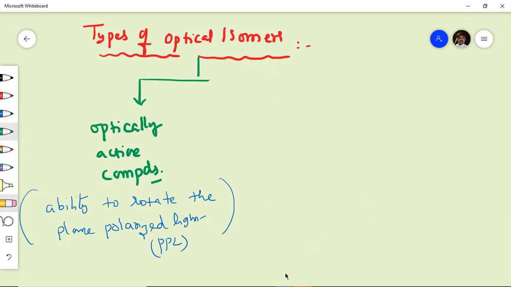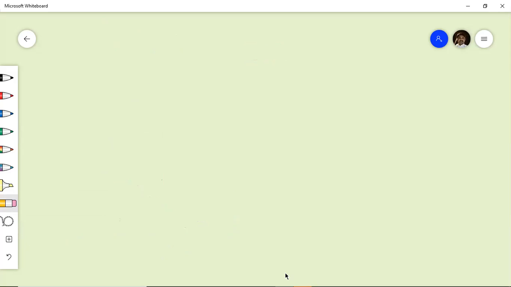We will see what the optically active compounds are.